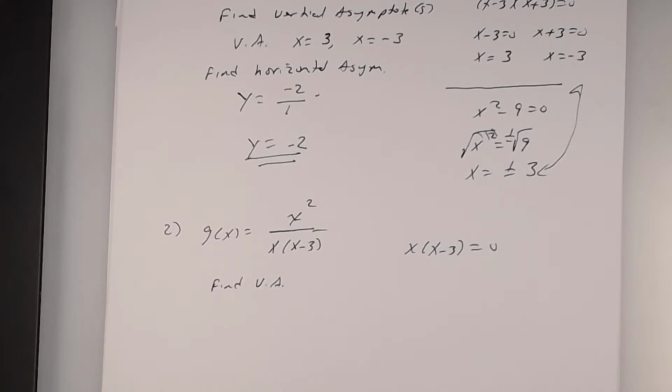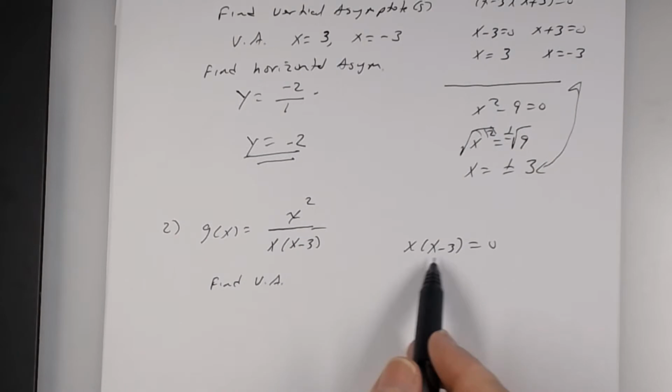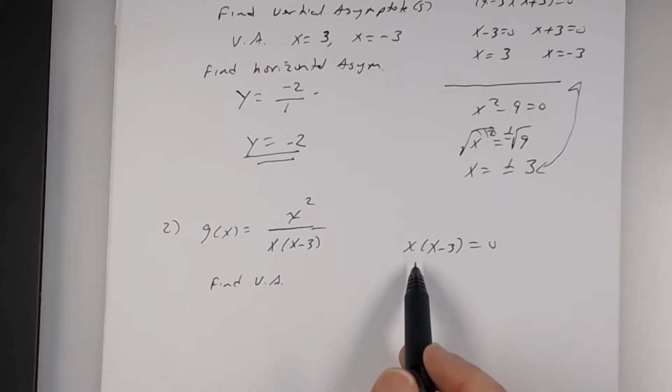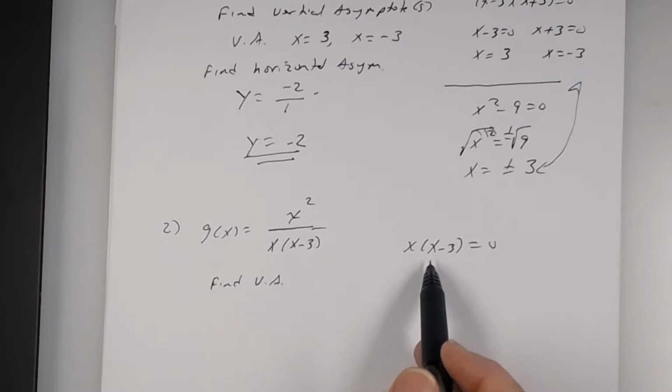What kind of equation did I just write? No, that's not linear. What kind of equation is this? Quadratic. If you distribute, don't you get x squared minus 3x? But what do you notice about this quadratic equation, though?